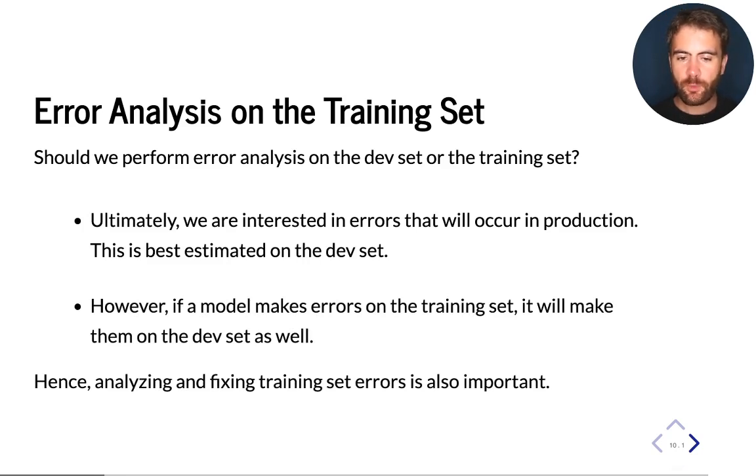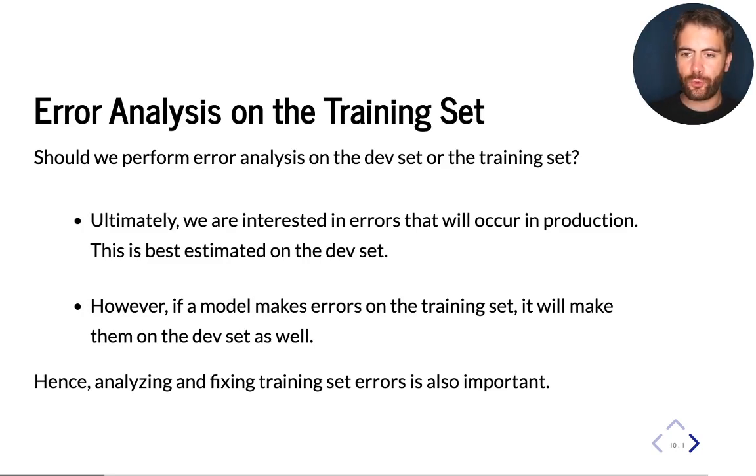However, if a model is making errors on the training set, that is also a problem, because if it makes errors on the training set, it will also make errors on the development set, or it will make them in production. This is very likely. And so in order to fix our model, we also want to fix errors on the training set, because if we don't fix errors on the training set, we will not fix errors in production either in most cases.